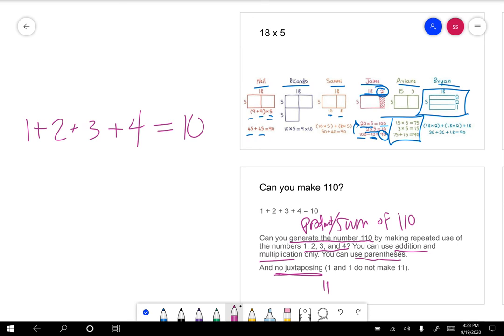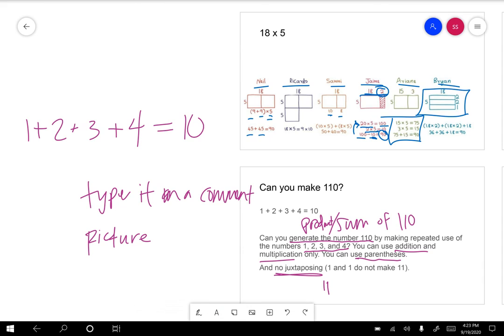So try that. Come up with at least one way. And again, I want you to type it in a comment on this assignment on Google Classroom or comment it as a picture. Okay, but I want to see what you guys do. Lots of people come up with awesome creative answers for this.